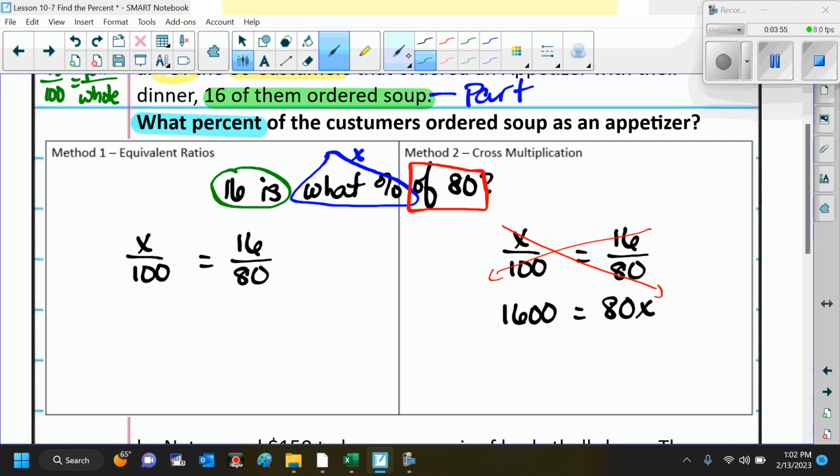Now we divide by 80 on both sides. Those 80s cancel. We can also simplify a pair of zeros out. So x is equal to, it goes into 16 two times. So x is equal to 20 customers ordered soup.